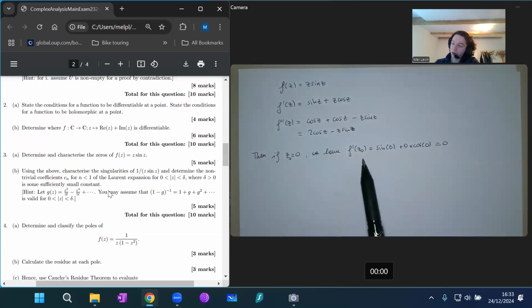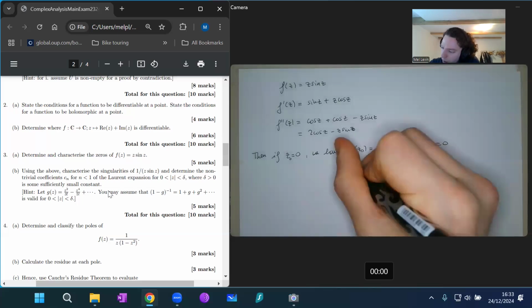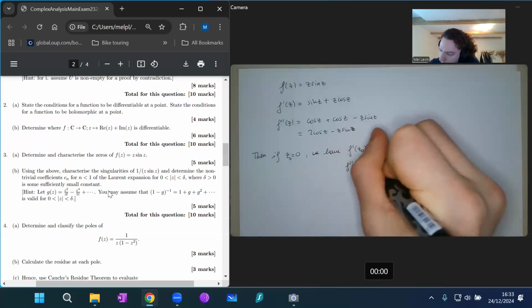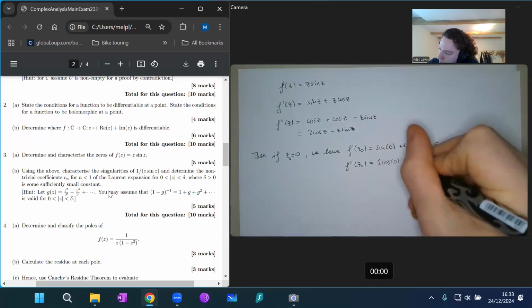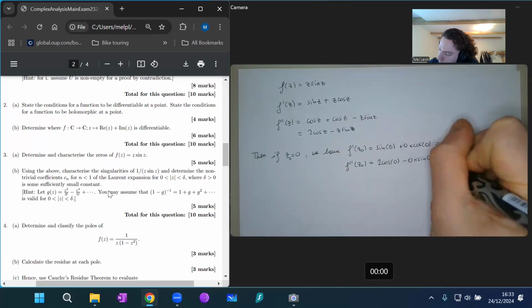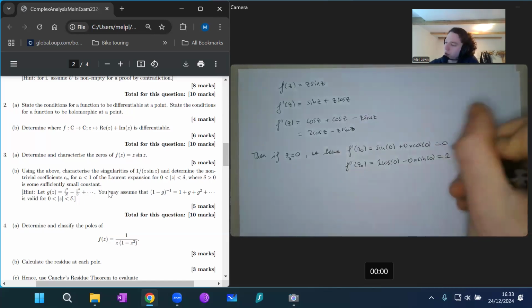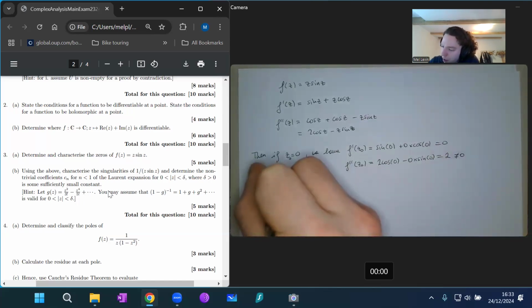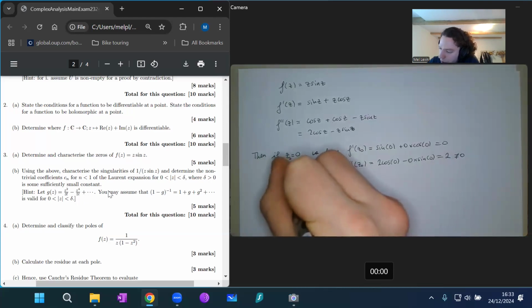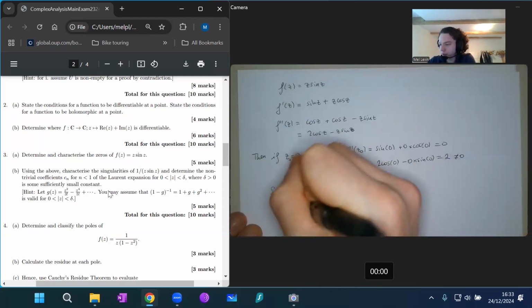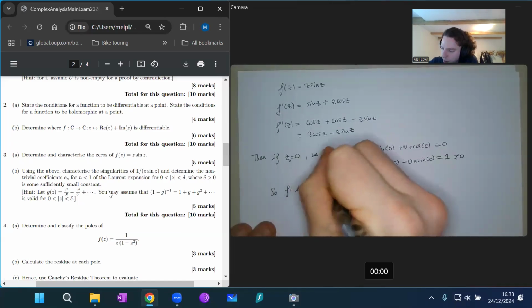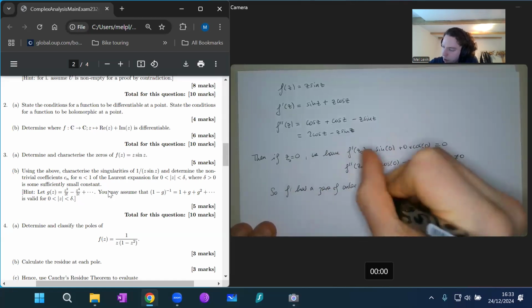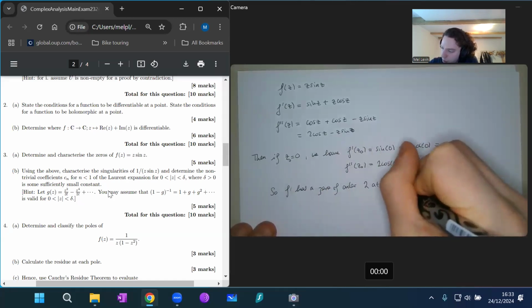So the order of that zero is at least bigger than 1. Let's check the second derivative. We'd have 2 cos naught minus naught sine naught, which is going to give us 2, which is of course non-zero. So f has a zero of order 2 at z naught equals naught.